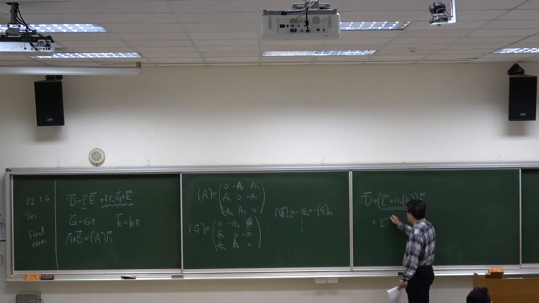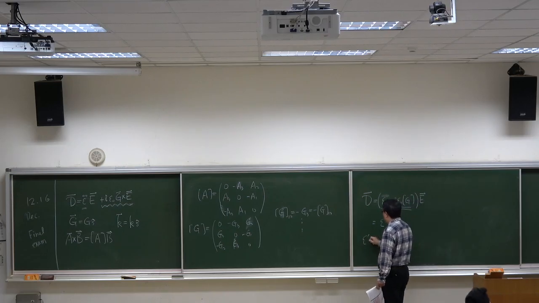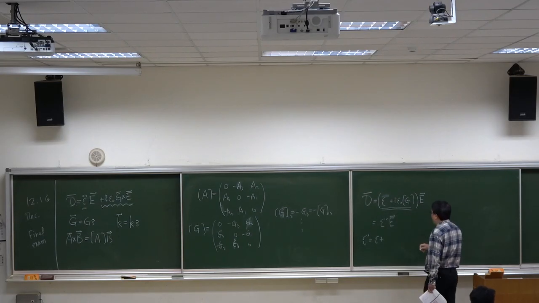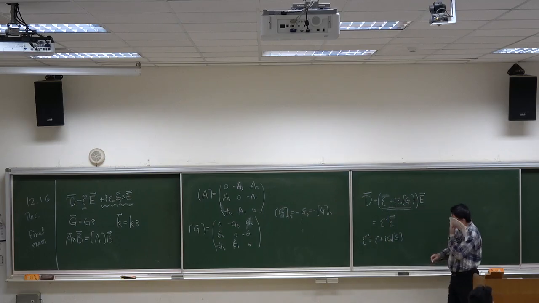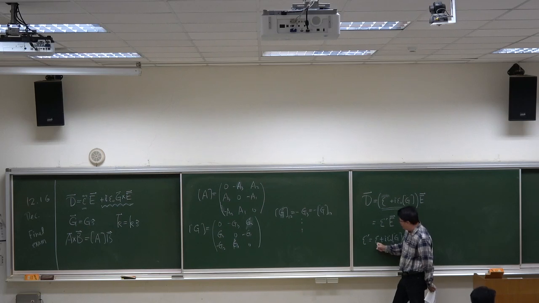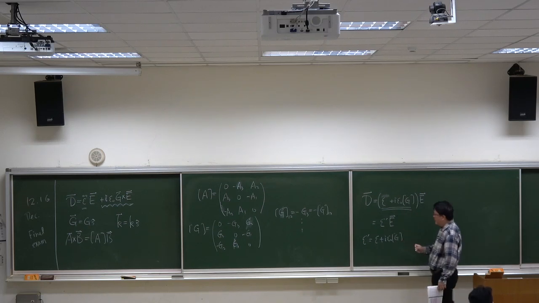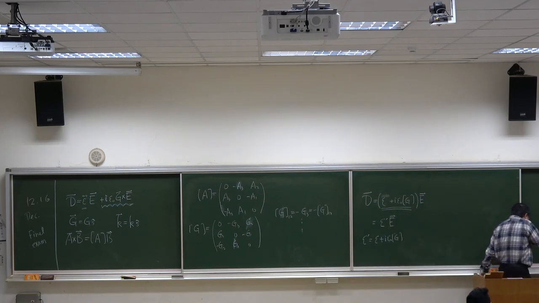We can write this as epsilon prime times E. Here epsilon prime is nothing but epsilon plus I epsilon 0 G. Here epsilon is a matrix. This is also a matrix. That's it.